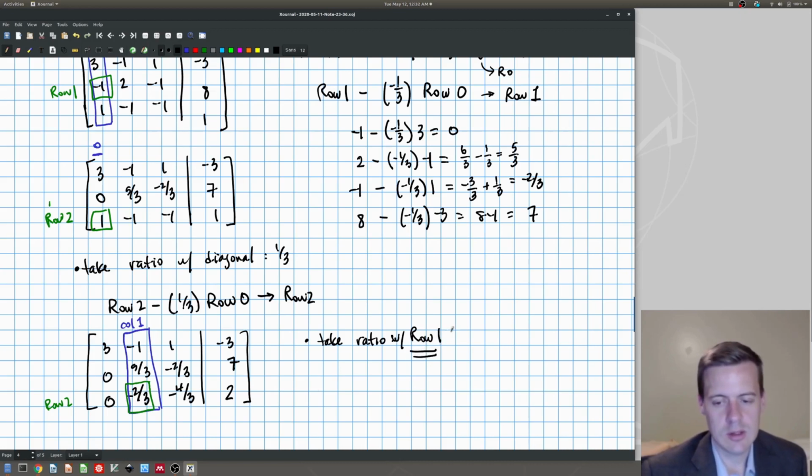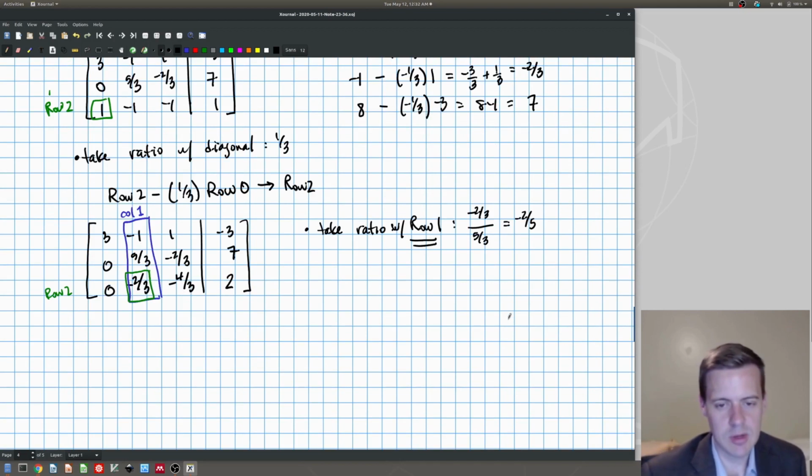Okay, and so that ratio with row 1 is now minus 2/3 divided by 5/3. Let me just write that down, minus 2/3 divided by 5/3 is going to give me minus 2/5. Now let's look at what happens when I do that.